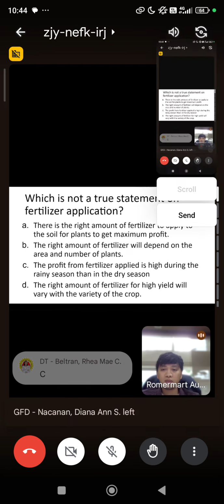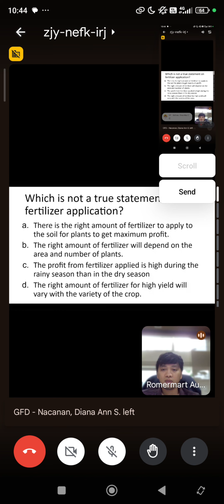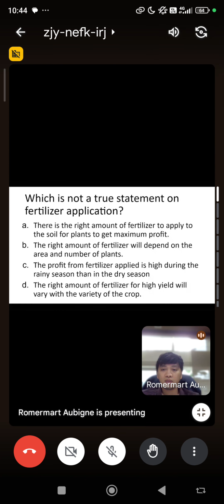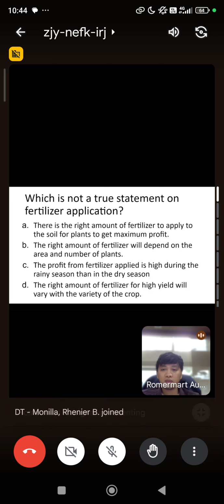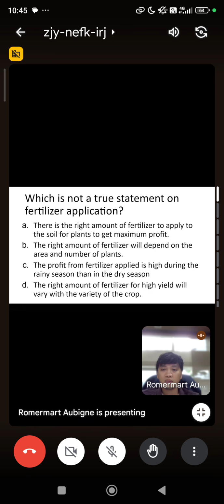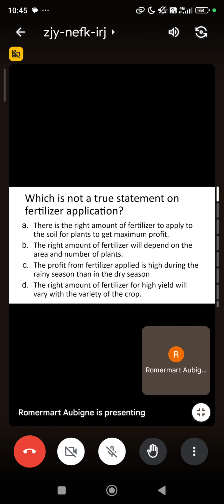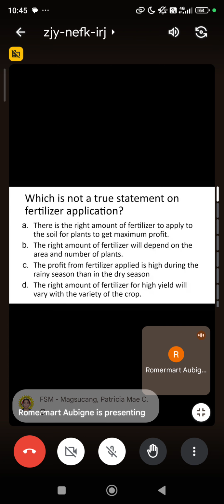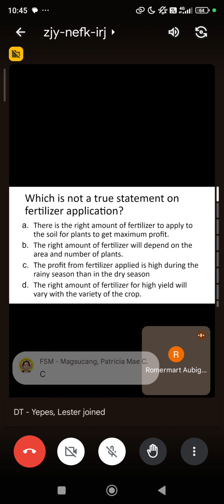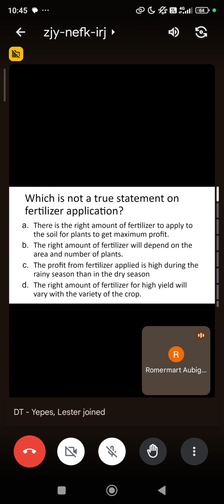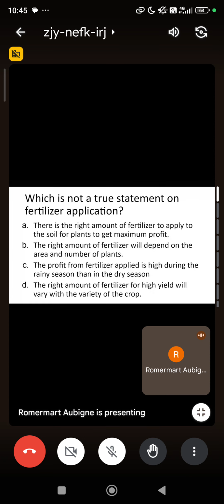Next, which is not a true statement of fertilizer application. A. There is a right amount of fertilizer to apply to the soil for plants to get maximum productivity. B. The right amount of fertilizer will depend on the area and number of plants.